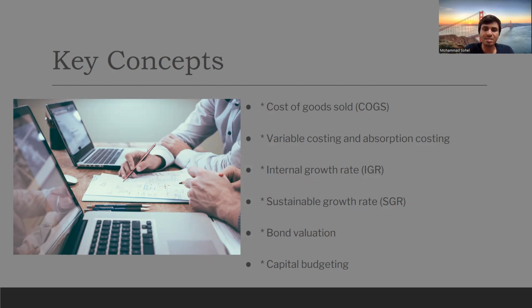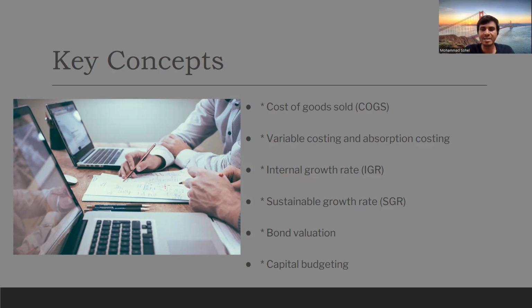Okay, next I want to discuss IGR and SGR. IGR and SGR are two other key concepts I learned. IGR is the maximum rate at which a company can grow without taking on additional debt. SGR is the rate at which a company can grow without increasing its equity capital.